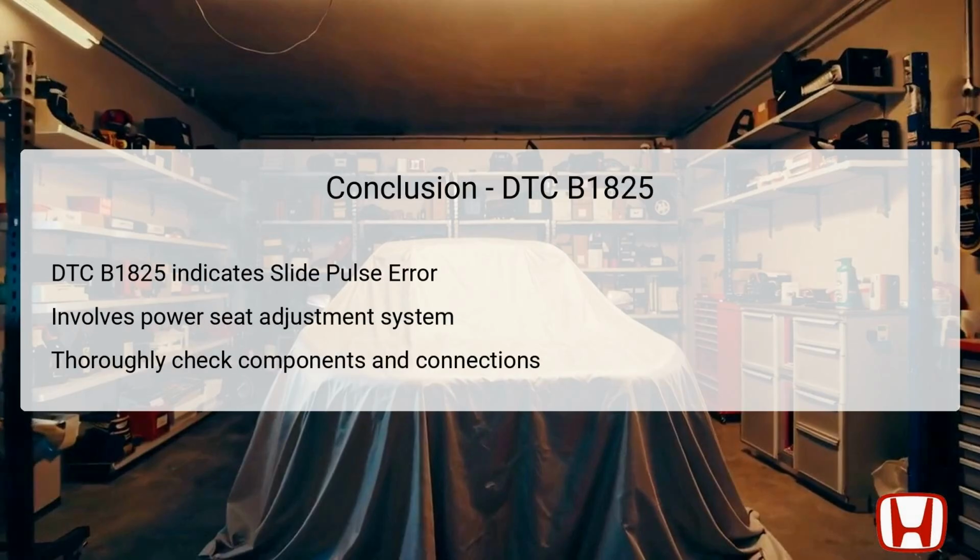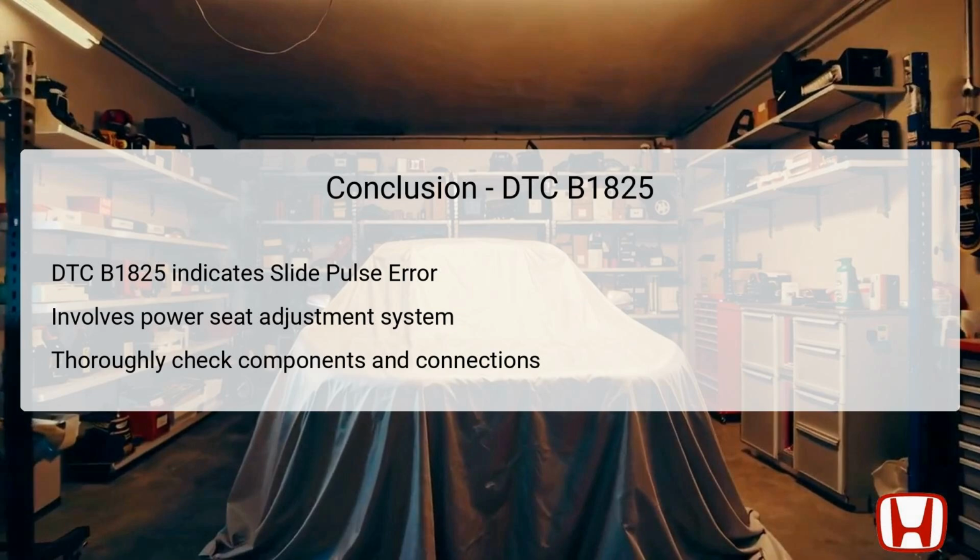In conclusion, DTC B1825 represents a slide pulse error that affects the power seat adjustment in Honda Odyssey models from 2011 to 2017. Through a systematic troubleshooting approach, it is vital to thoroughly examine each component relating to the power seat system, including the slide motor, sensors, and wiring connections.